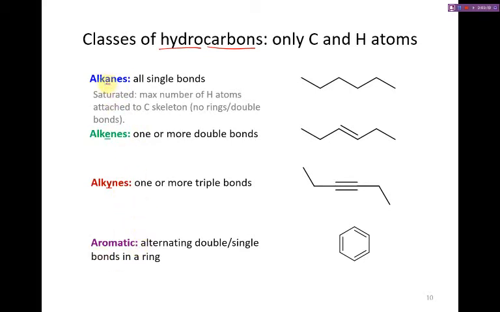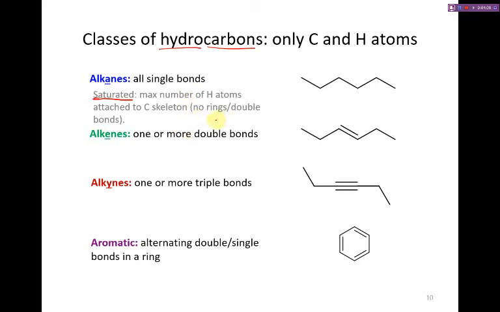And you'll notice that for the first three there's a very subtle difference. There's just A, E, or Y. And those three indicate essentially the level of what we call saturation. Alkanes are fully saturated. They have all single bonds. And what it means to be saturated is that there's the maximum number of hydrogen atoms attached to the carbon backbone or skeleton.